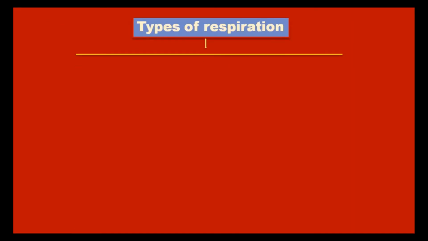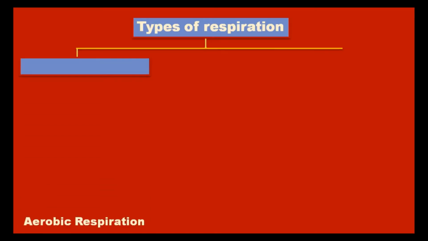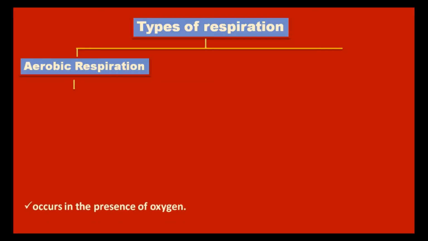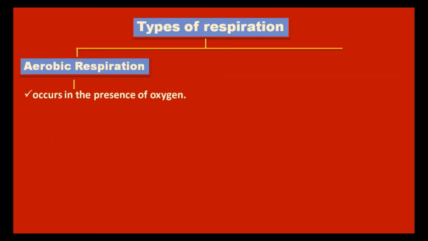Types of respiration. There are two types of respiration. First one is aerobic respiration. Aerobic respiration occurs in the presence of oxygen and a large amount of energy is released.